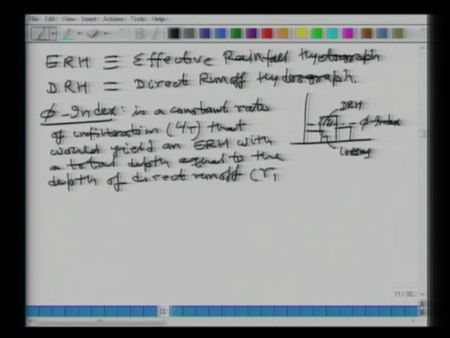And which we define as RD. Okay. So, the total depth of direct runoff is RD.